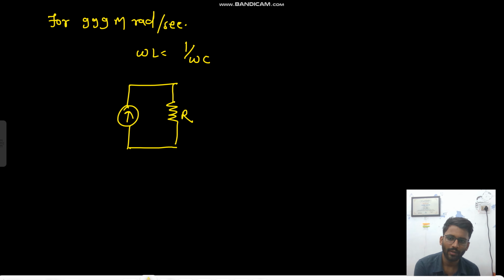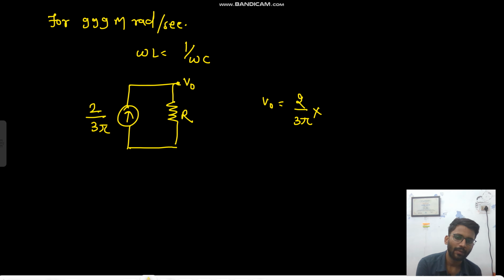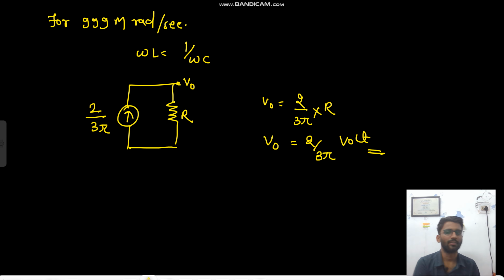Right, and here you have current 2 by 3 pi, and this is your V naught. So your V naught will be 2 by 3 pi into R. So R is 1, so it will be 2 by 3 pi volts. So that's the answer we are getting. Your V naught is 2 by 3 pi volts.